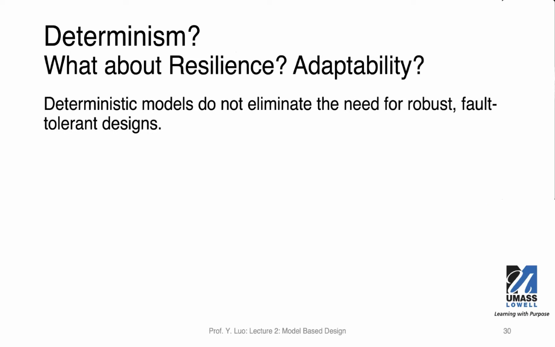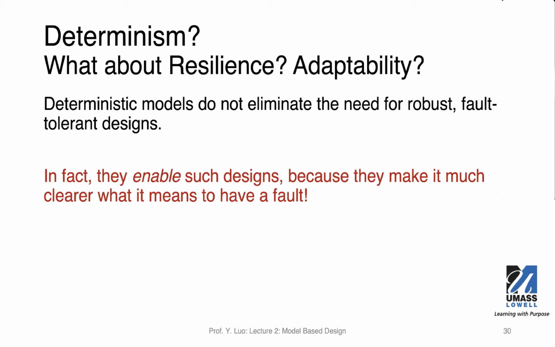Deterministic models do not eliminate the need for robust fault-tolerant designs. That's what we are also going to consider: resilience, adaptability. In fact, all these things will enable such designs because they make it much clearer what it means to have a fault. So with the model, as a start, you want to consider all these different situations, boundary situations, as much as possible.